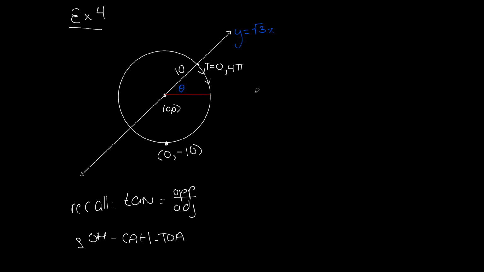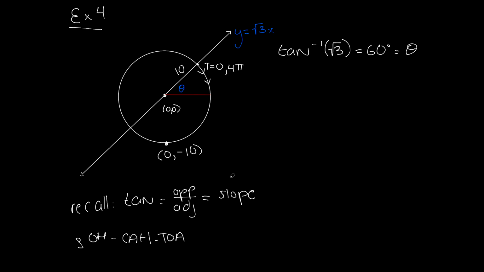So we know that opposite over adjacent is essentially equal to our slope, because change in y over change in x. So now if we take the inverse tan of our slope of this line, which is root 3, we get 60 degrees, which equals our theta value.